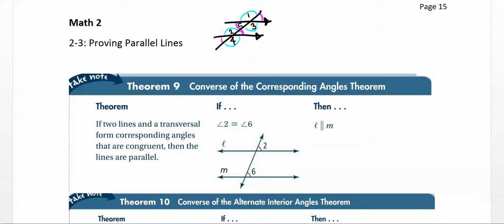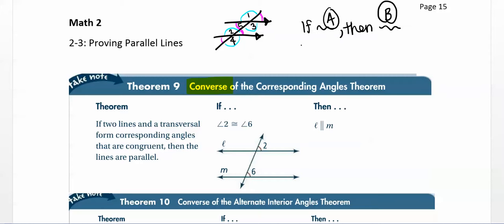So now we're going to basically just reverse it. We're going to do the converse of all of those theorems. So you may remember from Math 1, a converse of a conditional statement. Well, a conditional statement is if something, then something. So if A, then B. Right? This is called the hypothesis and this is the conclusion.